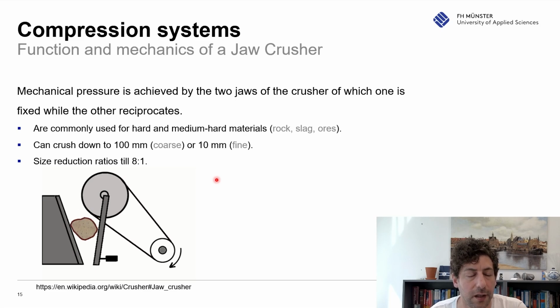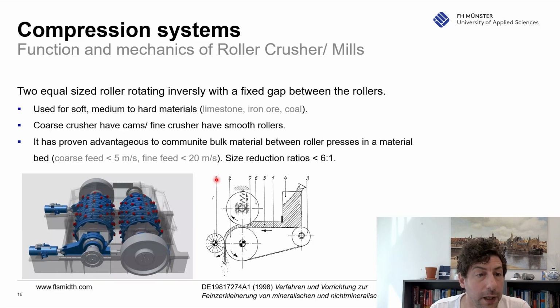Okay, so a second one, and this is probably something you also know, is a roller crusher or a roller mill. And here we see that the same principle can be applied for a crusher or for a mill. The principle is the same, large materials, small materials. So two equal sized rollers rotating inversely with a fixed gap between the rollers.